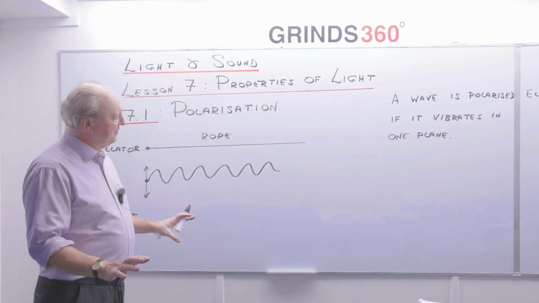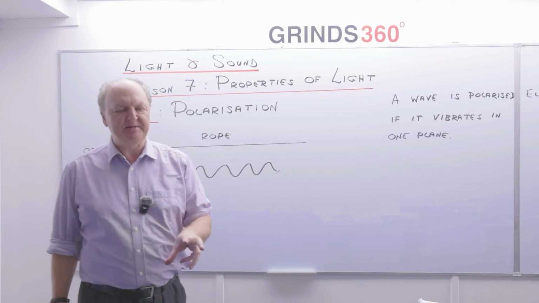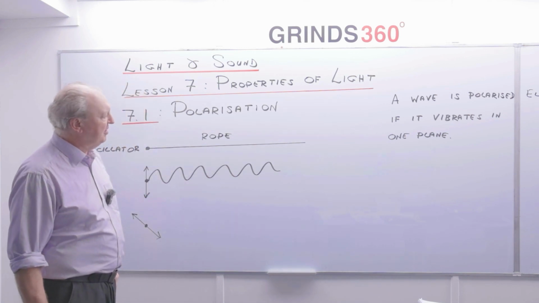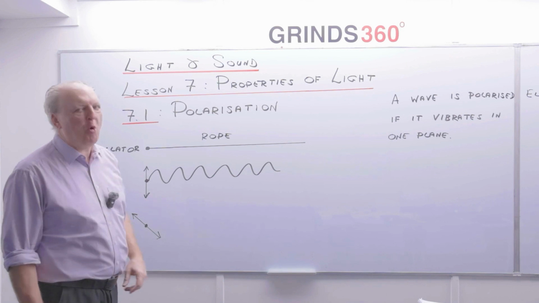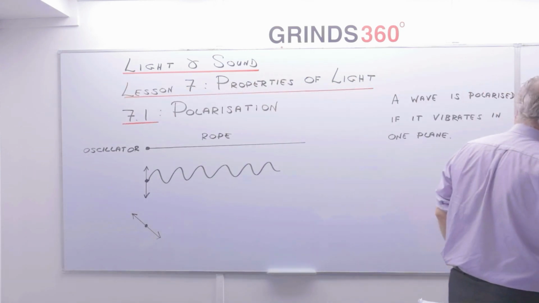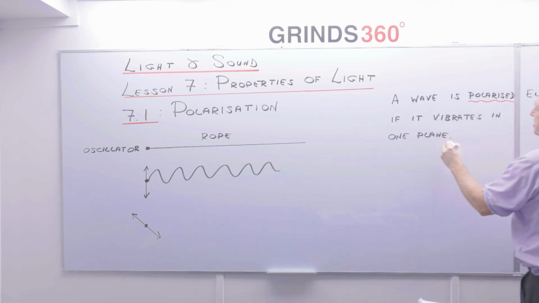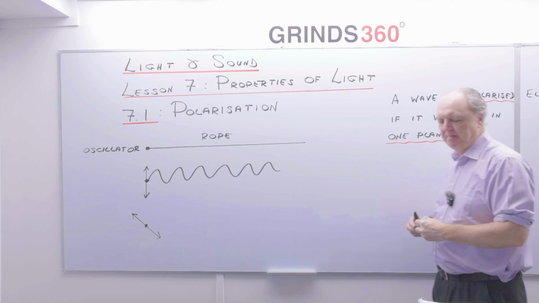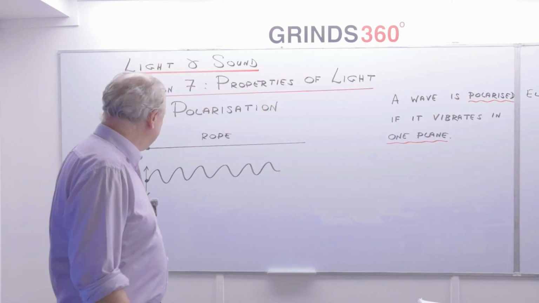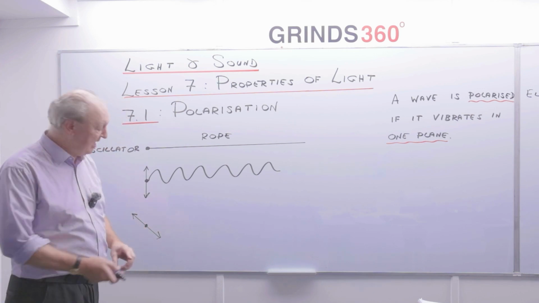There's a wave. It's vibrating in just one plane, actually along the plane of the board. We would call that a polarized wave. What do I mean by a polarized wave? Well, I say a wave is polarized if it vibrates in just one plane. I could vibrate it in another plane. For example, my oscillator in my hand could be vibrating it from side to side.